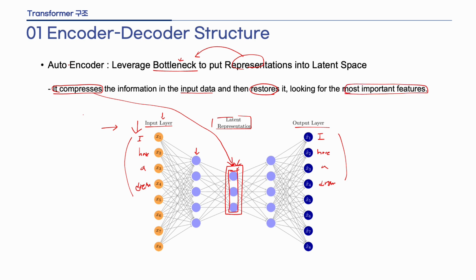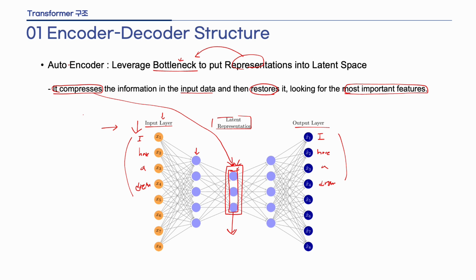So we can use this representation for a classification task, or we can extract this bottleneck layer to build a question answering system or summarization, because this latent space stores all the important information from the sentence.